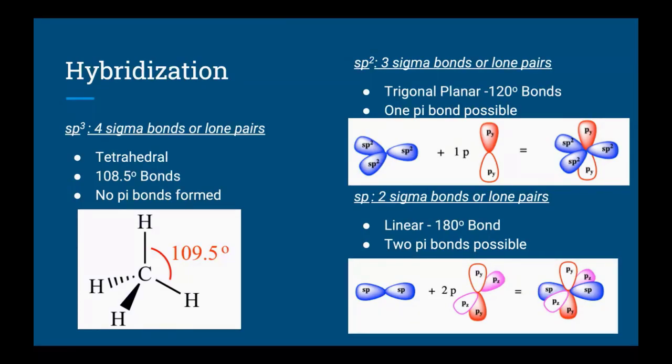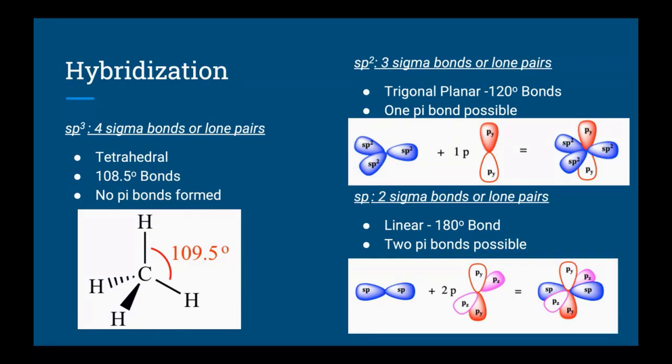With sp2, you'll see that we have 3 sigma bonds, and then there's one p orbital that is left over that can be used to form one pi bond. So you'll see sp2 a lot of the time when you see a double bond, or when you see a resonance structure where an atom will become double bonded in one of those resonance structures.